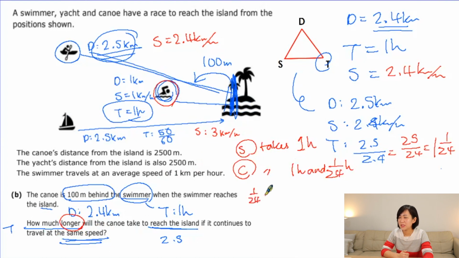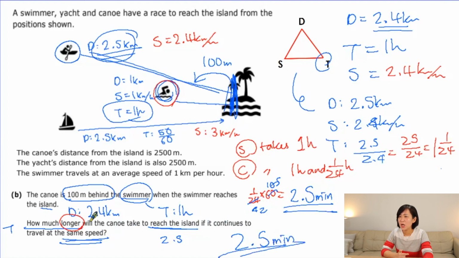So times by 60, and then you simplify by 6, then we can figure out how many minutes. 1/24th hour is 2.5 minutes. So that means actually the canoe takes 1 hour and 2.5 minutes to get to the island. But the question is asking how much longer. That's why we answer 2.5 minutes longer than the swimmer.